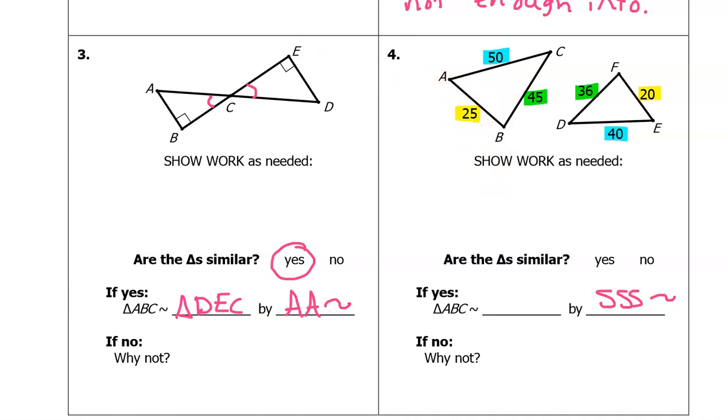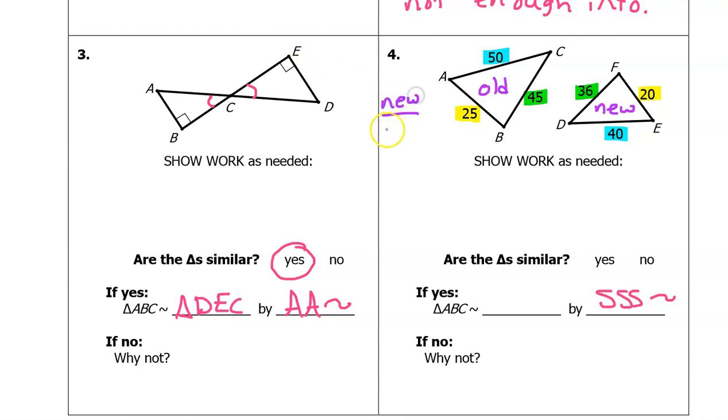I like to label the triangles as new and old. It doesn't really matter which one you call new and which one you call old. I'm going to call this one the new triangle, and this one the old triangle. The only point of doing that is it will help me keep track if I make all of my ratios in the form new over old.